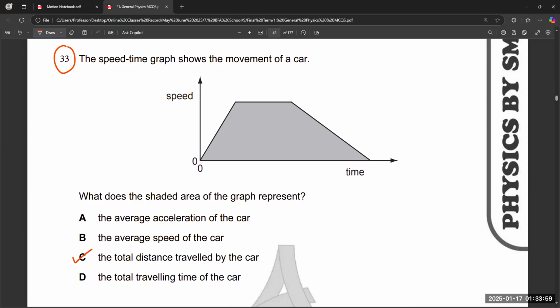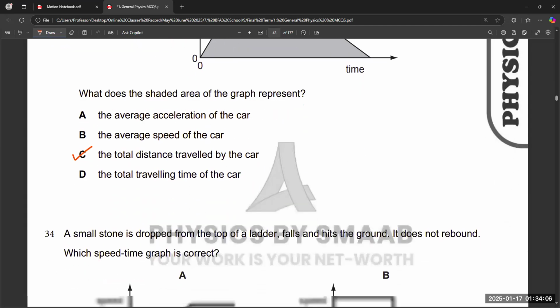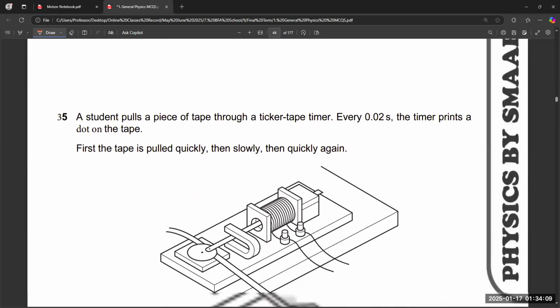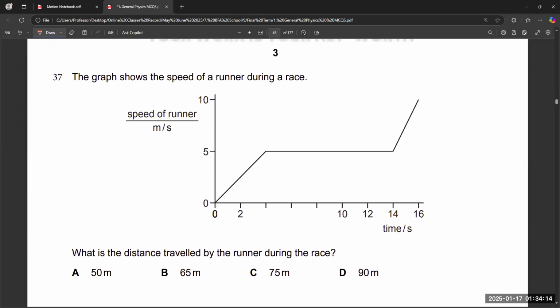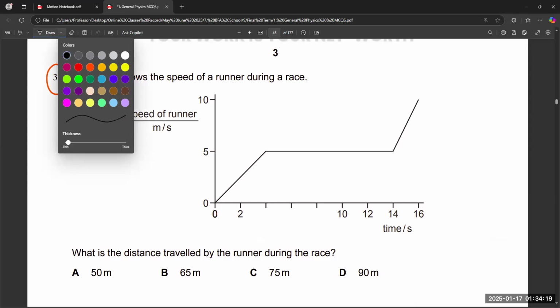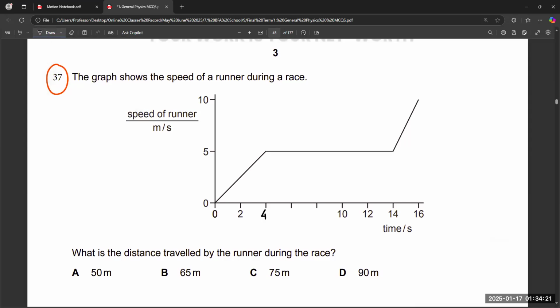Total distance traveled by the car, right? Because we already solved questions, now it is easy to identify. This is another question related to the same graphical representation. So you can also try this question to find out the distance traveled by the runner during the race.